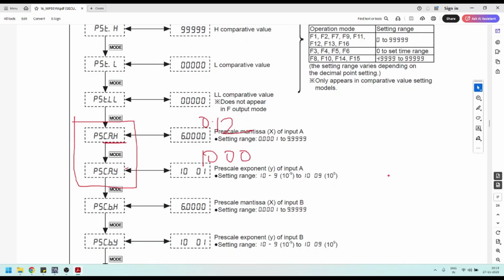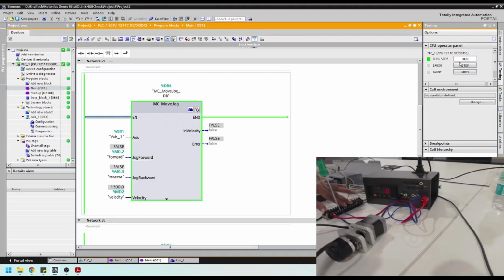Okay, let us do the same, and I'll also change the wiring connections. Instead of the Z pulse, I'll wire up the A pulse now. So here I'm changing the wiring from Z pulse to A pulse.